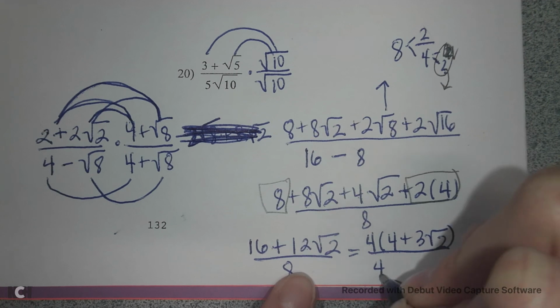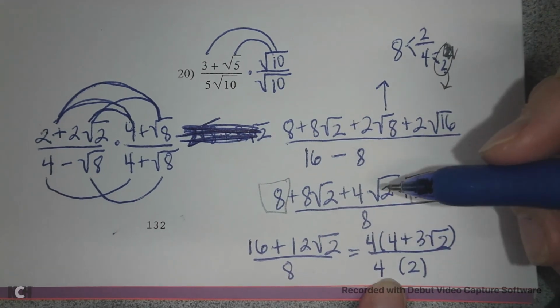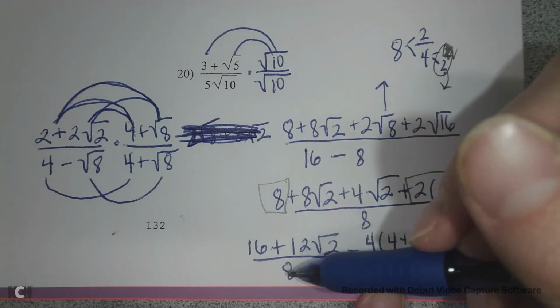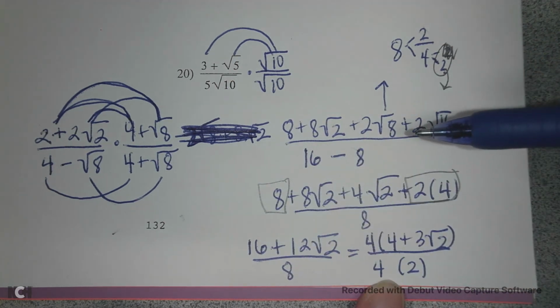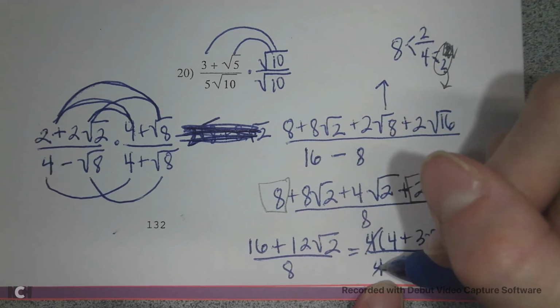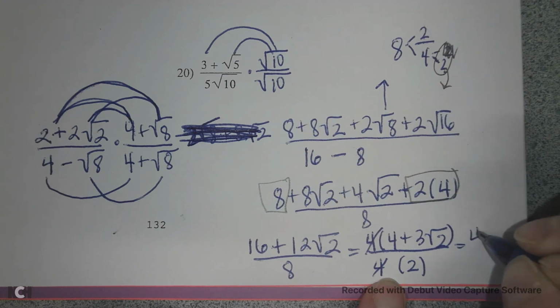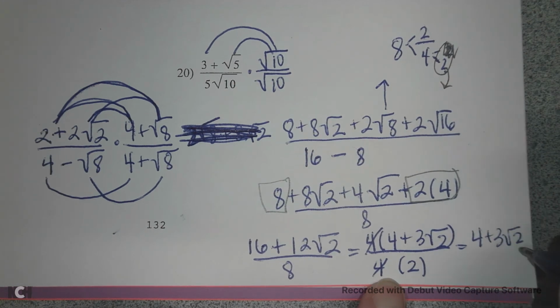And then 4 out of 8 is 2 left. The reason I like to write it like this is because students often get confused and will just divide each of them by different numbers, but they can't. They need to be divided by the same number. Okay, so my 4's cancel, and now I have my answer, 4 plus 3 root 2 all over 2.